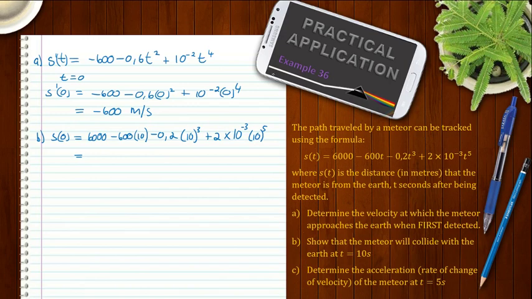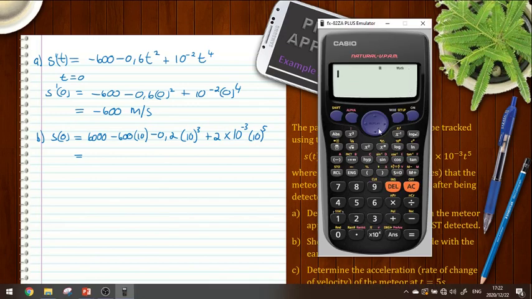If I work this out on the calculator, we have 6,000 minus 600 times 10, that's also 6,000, minus 0.2 times 10 to the power of 3, plus 2 times 10 to the power of negative 3 times 10 to the power of 5.